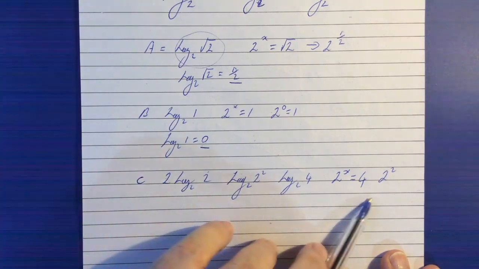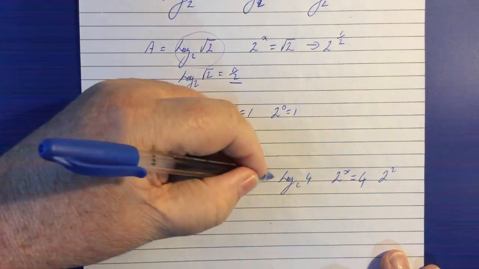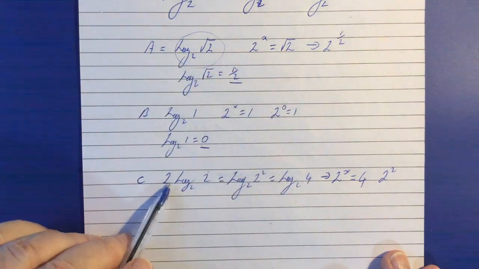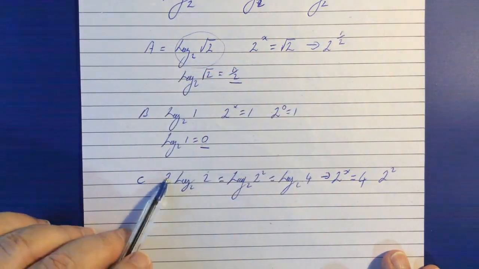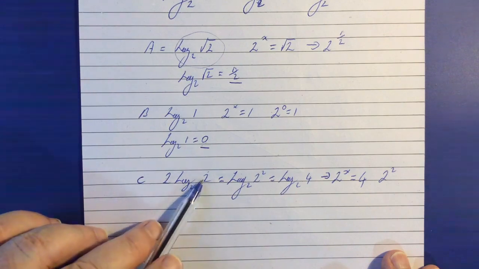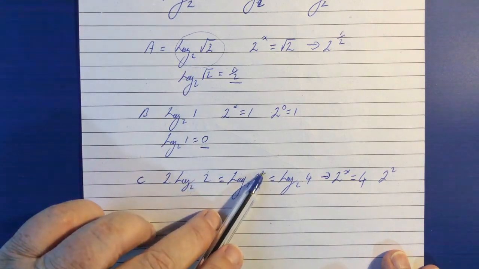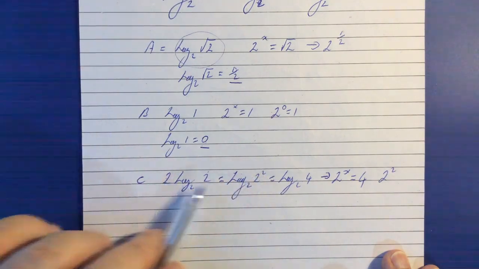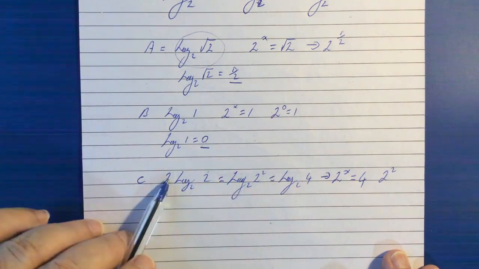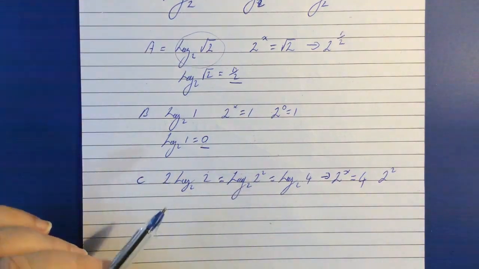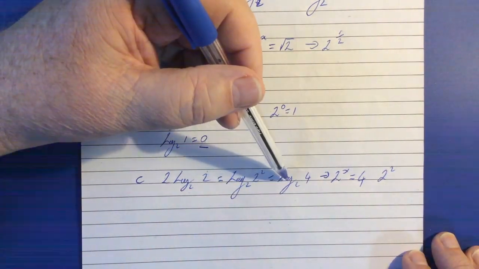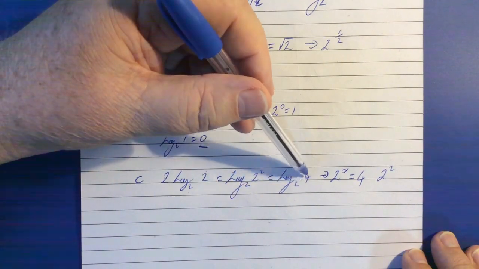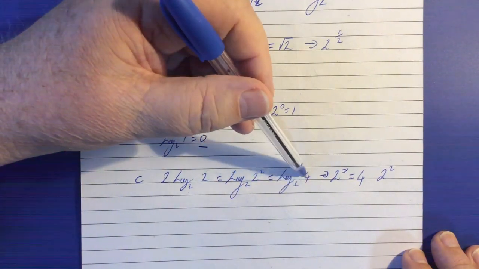Just let me talk my way across here. So 2 times log base 2 of 2 can be written as this. The rules say that this and this are the same, and the position of these is interchangeable. That means that we're looking for the solution to this: log base 2 of 4.